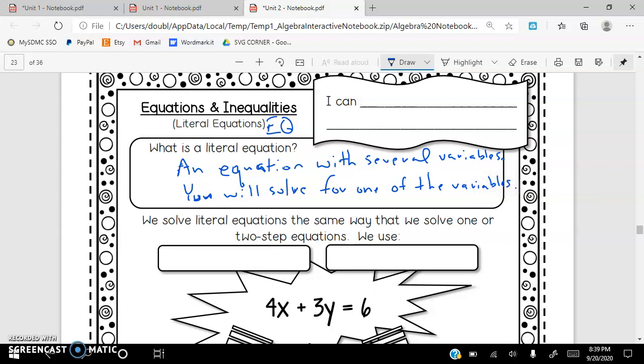So our I can is, once we finish this lesson, we'll be able to solve for a variable in a literal equation.